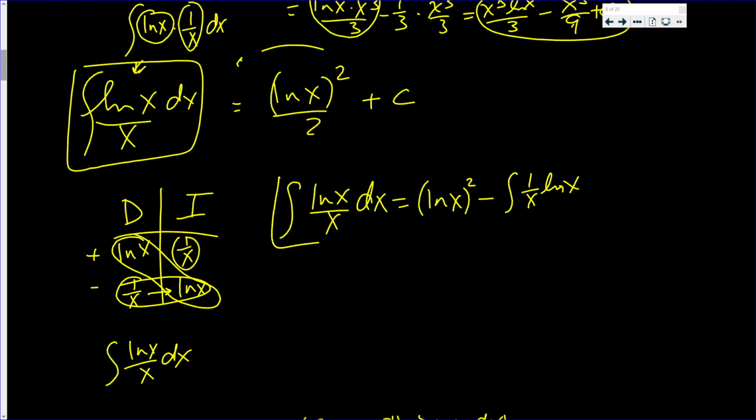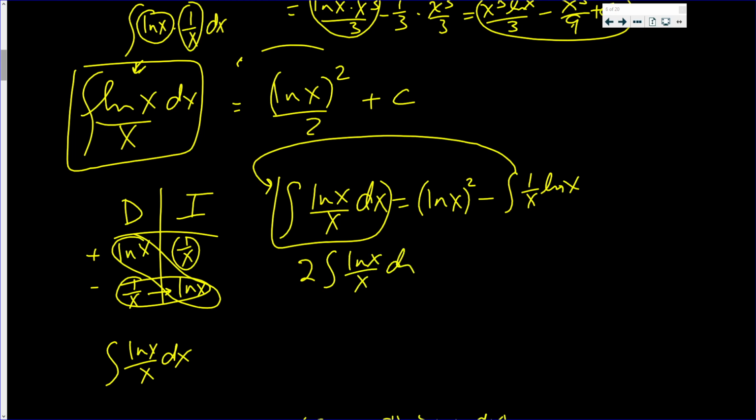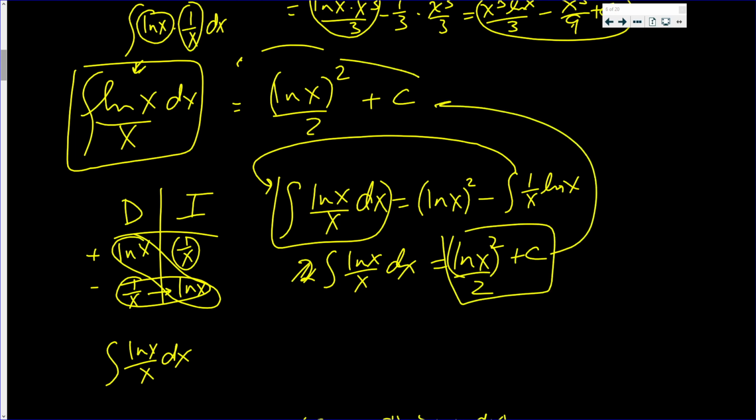But that's this. If I bring this over, I get 2 times the integral of ln of x over x dx equals ln of x squared plus c. Well, I divide both sides by 2. Look at this. I got the same answer.